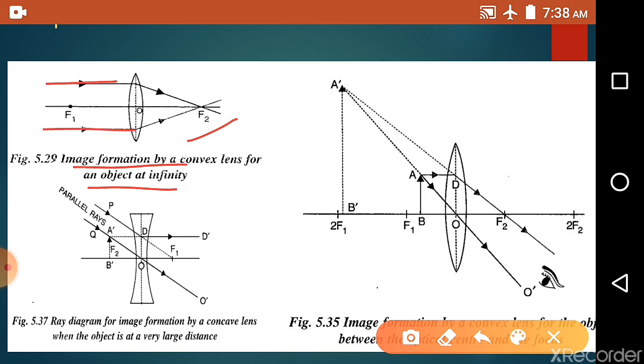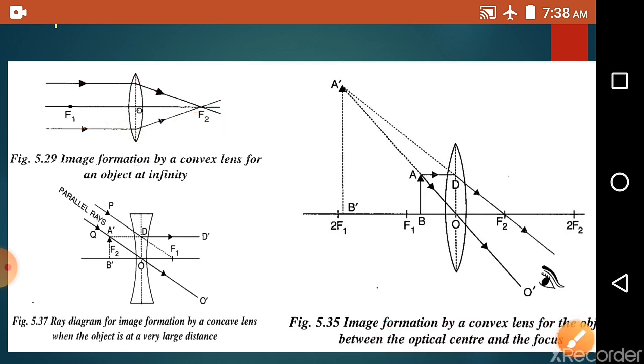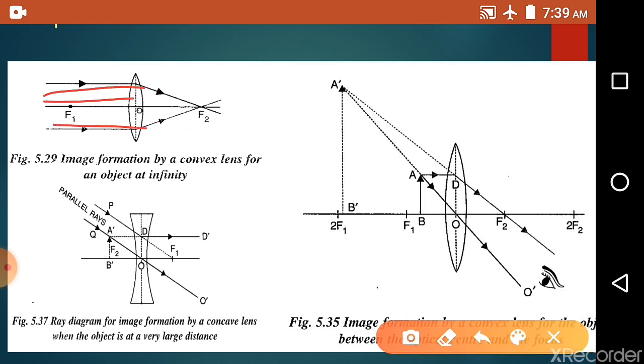When we consider these light rays, we consider many rays parallel to the principal axis incident on the lens, and they converge at a single point, that is called the second focus. So at the second focus we have the image of the object placed at infinity, at an infinite distance from the lens. In this way we can draw the ray diagram for rays coming from infinity.